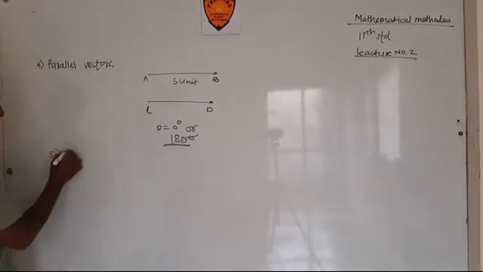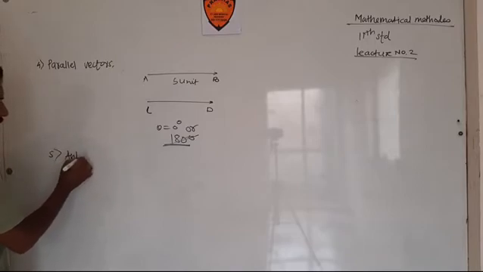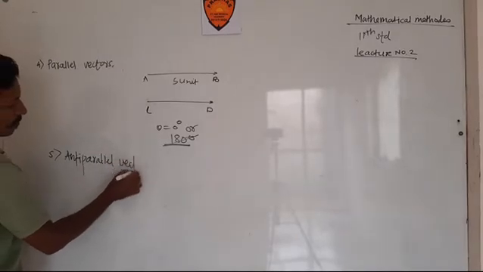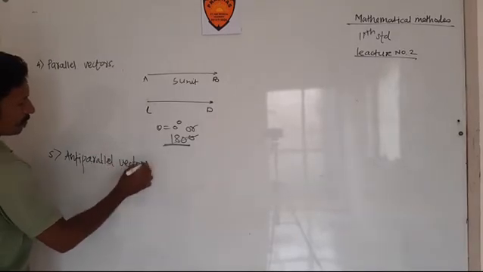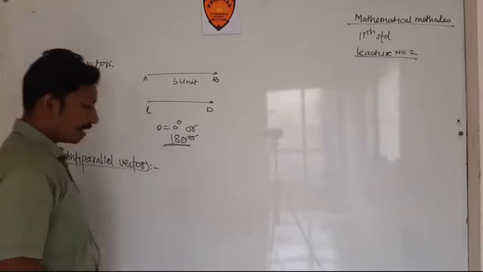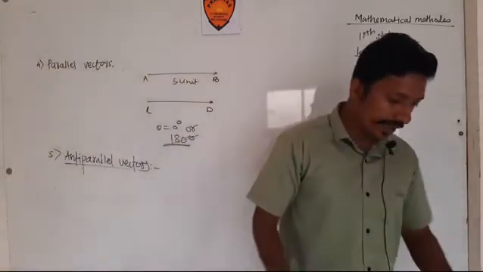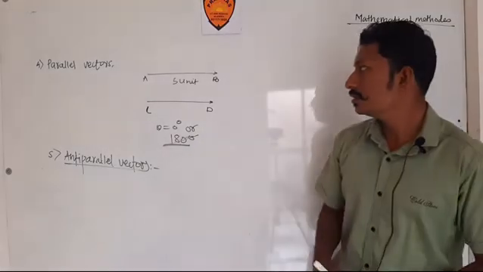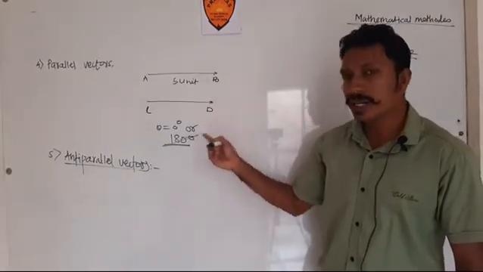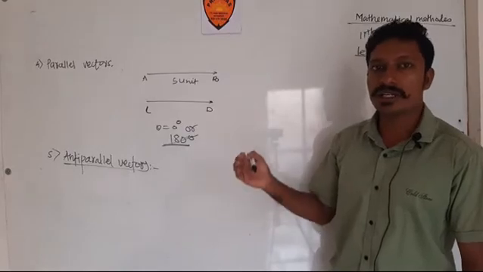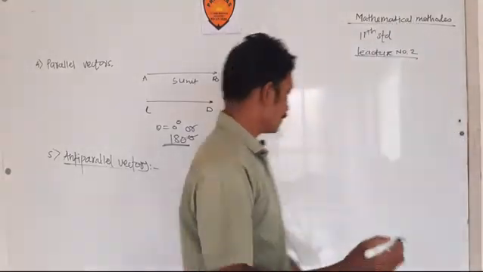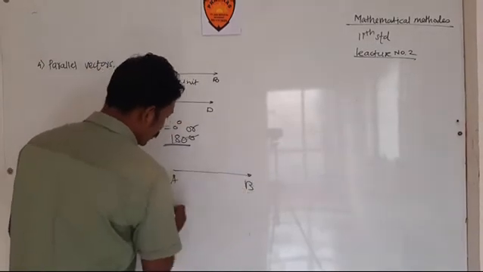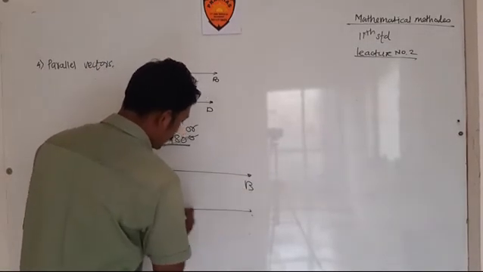Next one is the anti-parallel vector. What are anti-parallel vectors? Vectors that are oppositely directed. Suppose this is one vector AB and this is another vector CD.